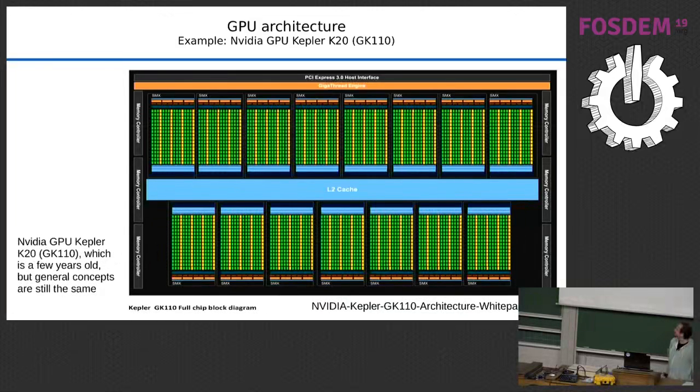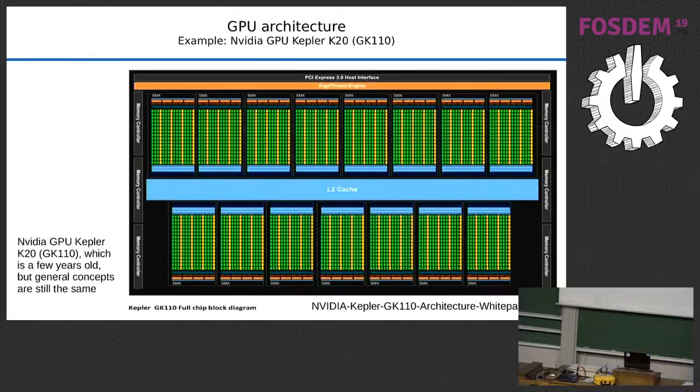Of course, it's old, but the general concepts are still the same now, also for other GPU vendors, such as AMD, for example. I'm talking a lot about NVIDIA GPUs here because that's what we initially did this project with, so that's what I'm personally most familiar with.